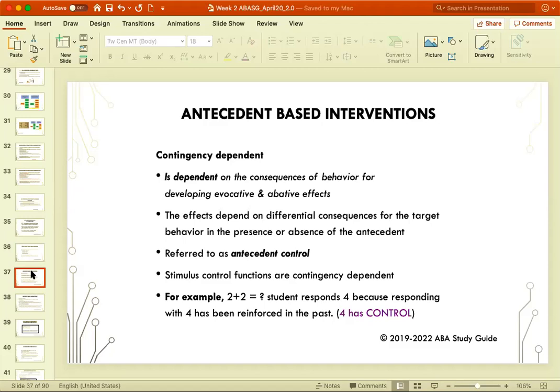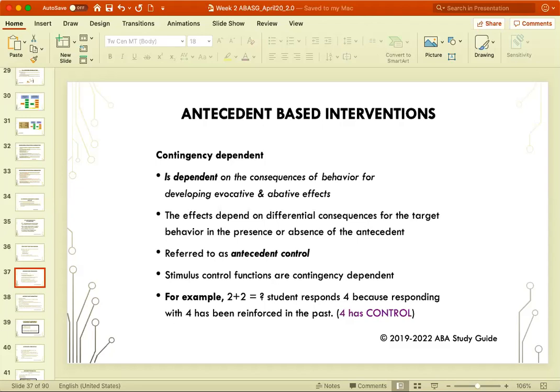Our contingency dependent antecedent-based interventions are exactly that. They are dependent on the consequence of the behavior for developing evocative and abative effects. So an antecedent control strategy we may use is an antecedent strategy where the consequences of the behavior are important, basically, okay?